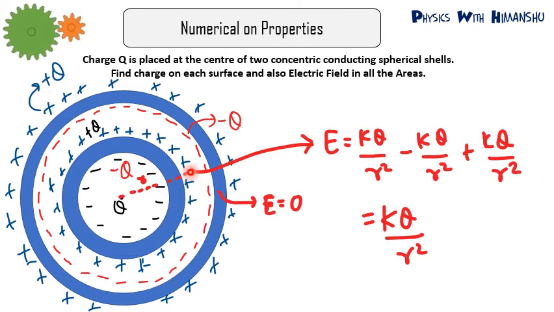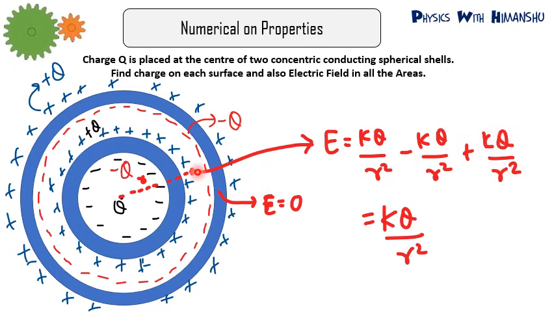Now coming to this point. At this point there will be 3 electric fields: due to this Q, due to this minus Q, and due to this plus Q. The electric fields due to Q and minus Q will cancel out, so we'll only remain with the electric field due to this plus Q, which will be kq by r square.